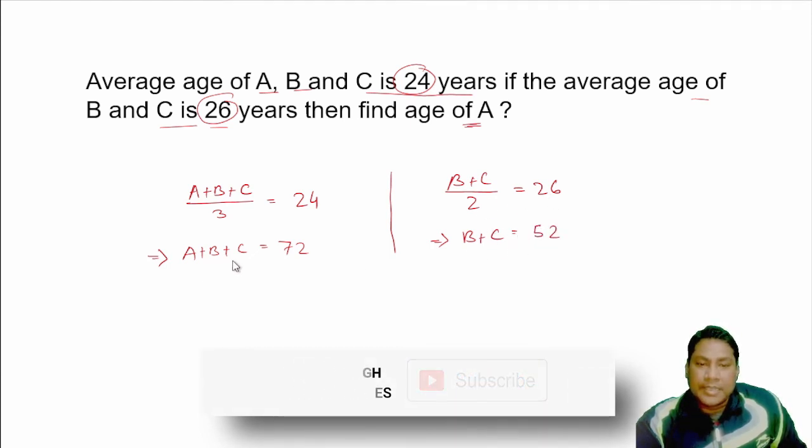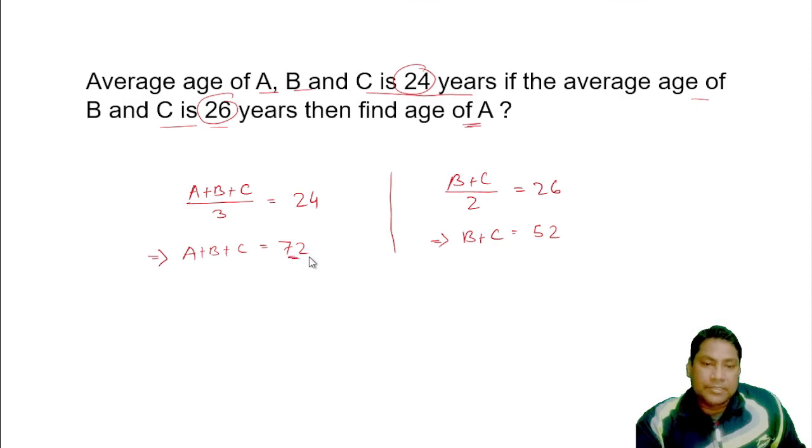Now here A plus B plus C is 72, and B plus C is 52. If we subtract, A plus B plus C is equal to 72, and B plus C is 52. Now we'll subtract.